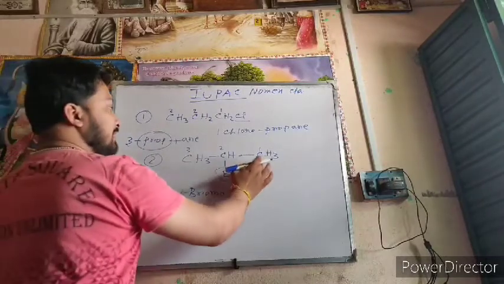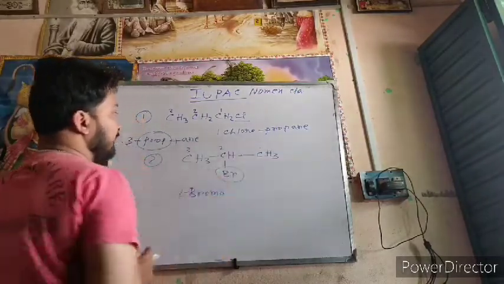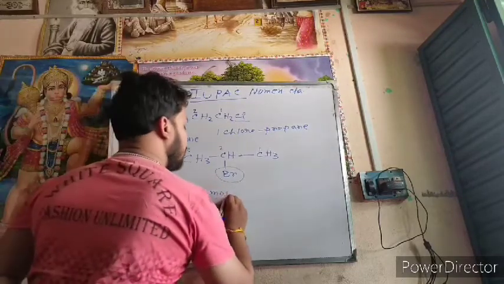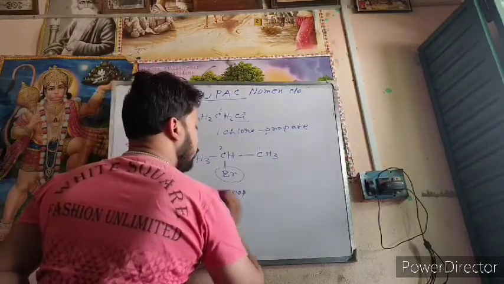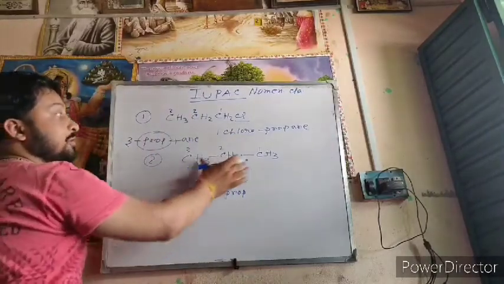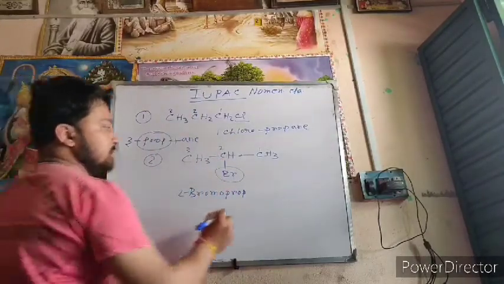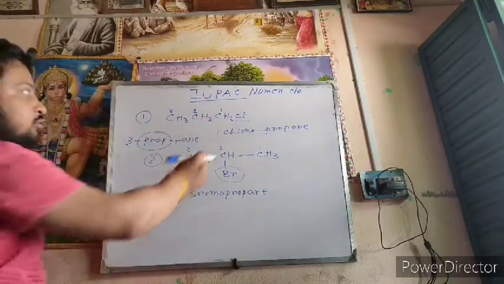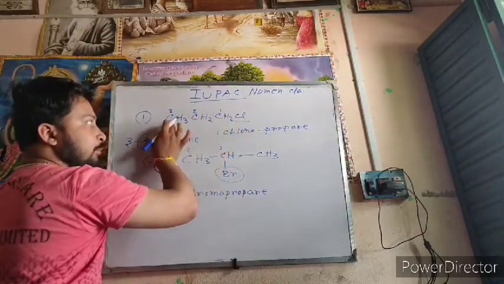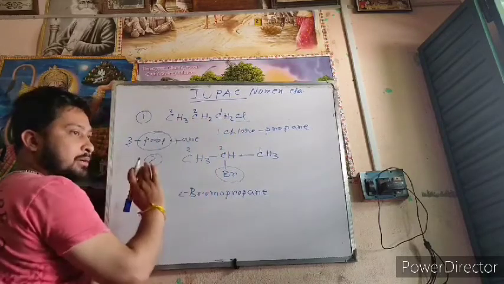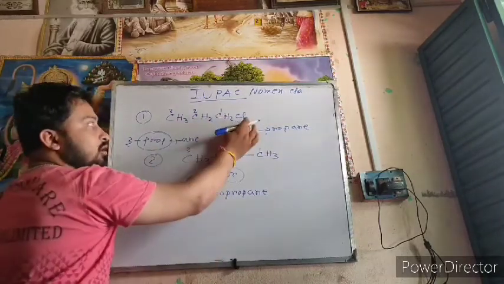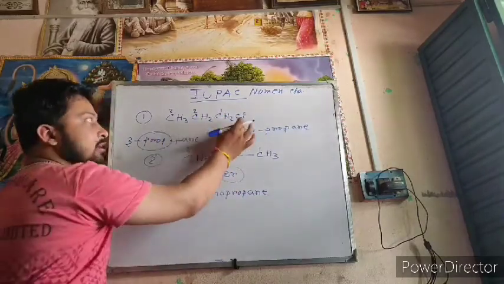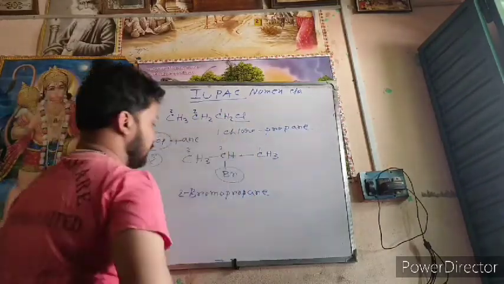And the number of carbon is 3, therefore we call it pro, and the bond between them single. So this is propane. The previous one was 1 chloro propane.